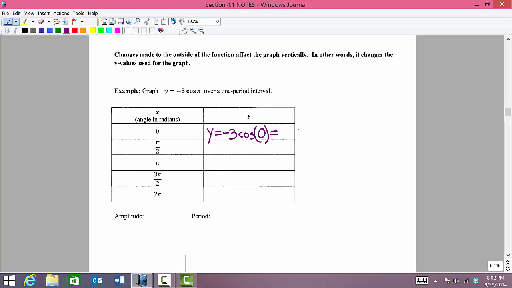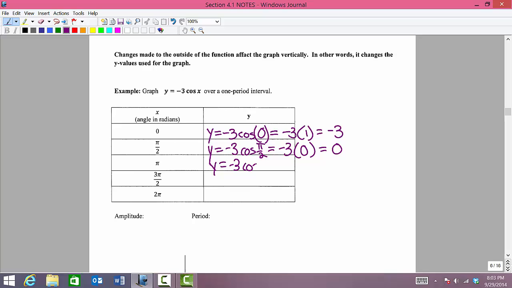Well, the cosine of 0 is 1, so we have -3 times 1, and we get -3. Cosine of pi over 2, so we have -3 times, and the cosine of pi over 2 would be 0. -3 times 0 is 0.